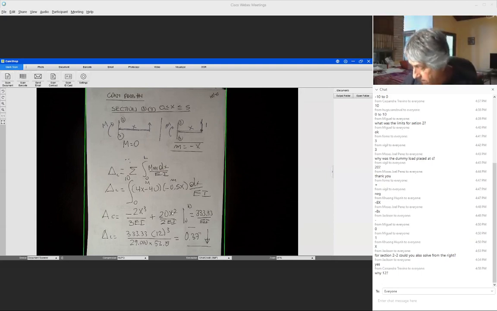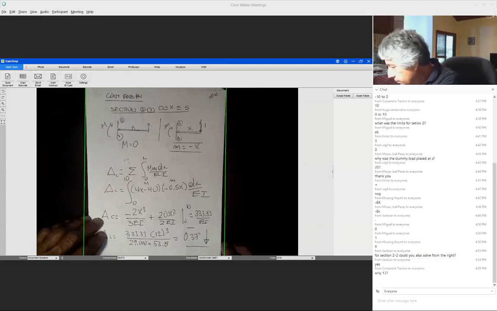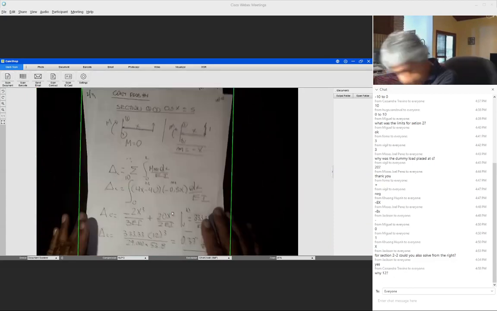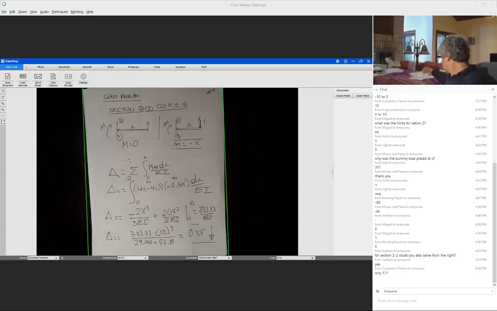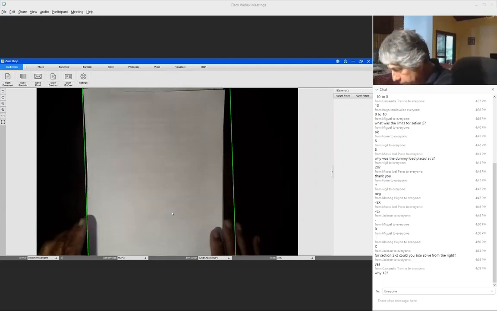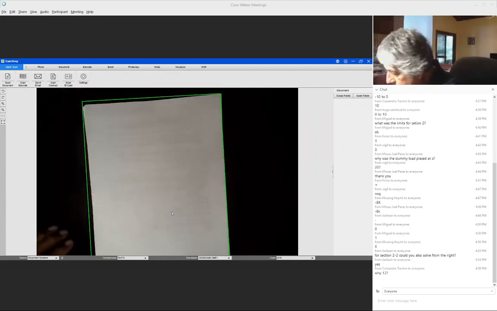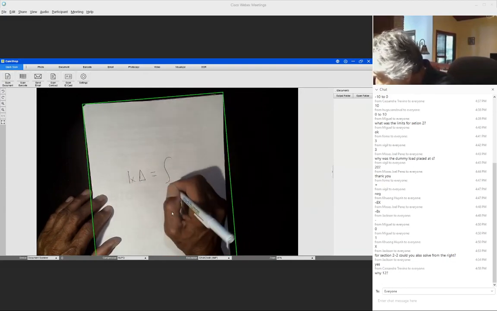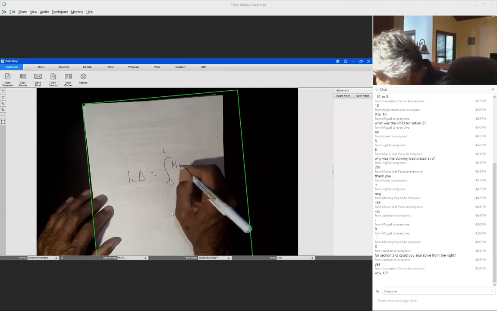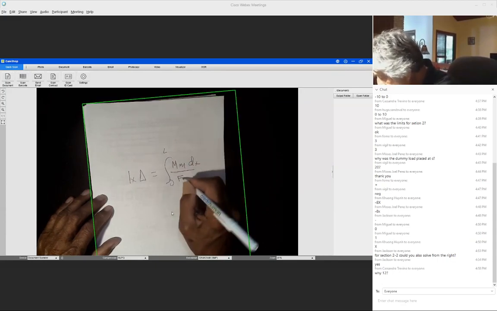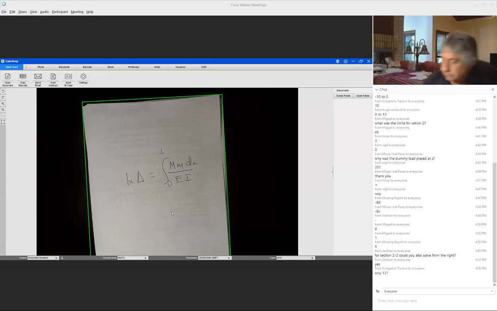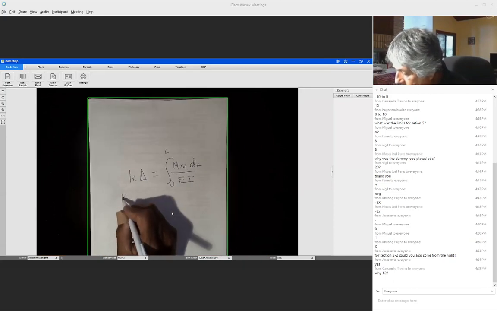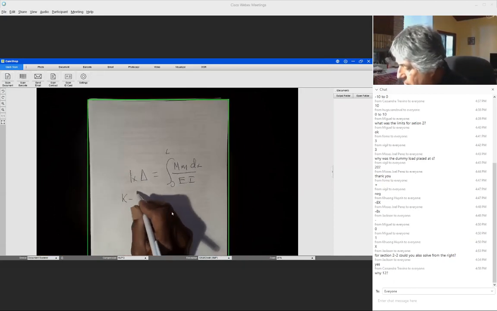Because, look, this is what we have, the original equation. This is in kip, this is inches.